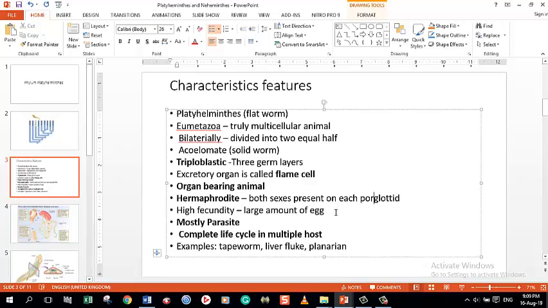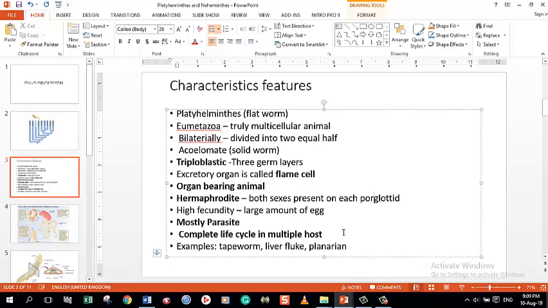Most of the larvae die because they cannot survive such extreme environmental conditions within the host. So they are also mostly parasites because they depend on the host for both their life cycle as well as for nutrition.